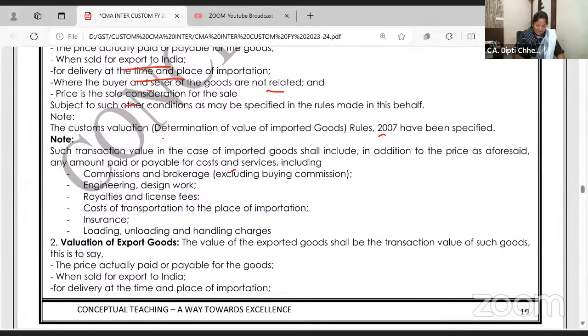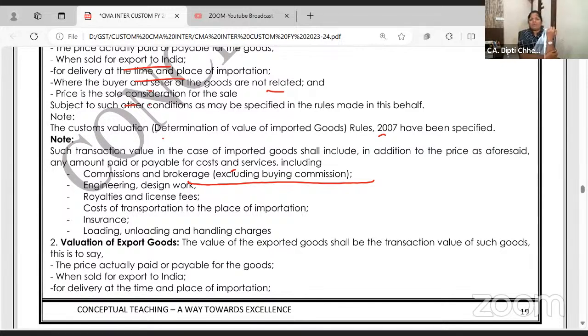And you have to add commission and brokerage, excluding buying commission. Ma'am, what is the buying commission? Buying commission is paid by the importer in India to his agent for representing him. See, I have a manufacturing unit in Hyderabad. Now I am importing one of my parts from Vizag port.